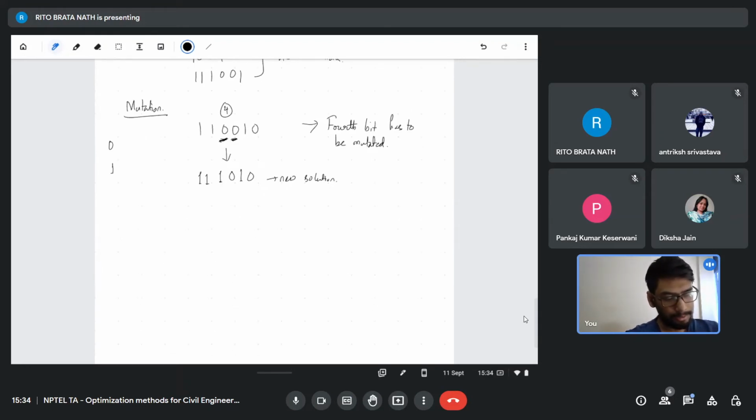In that case, your decoded value will increase by 2 to the power n minus 1. If n is large enough, that will give you a large jump, so you're kind of jumping your solution from one part to another. That might happen with mutation.